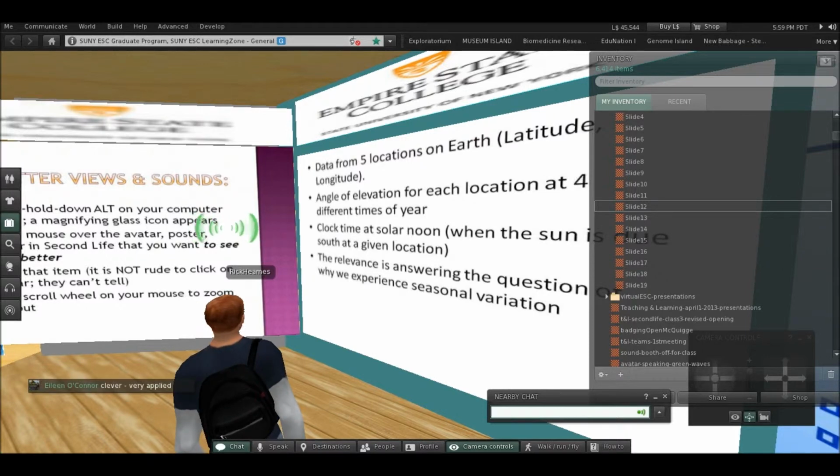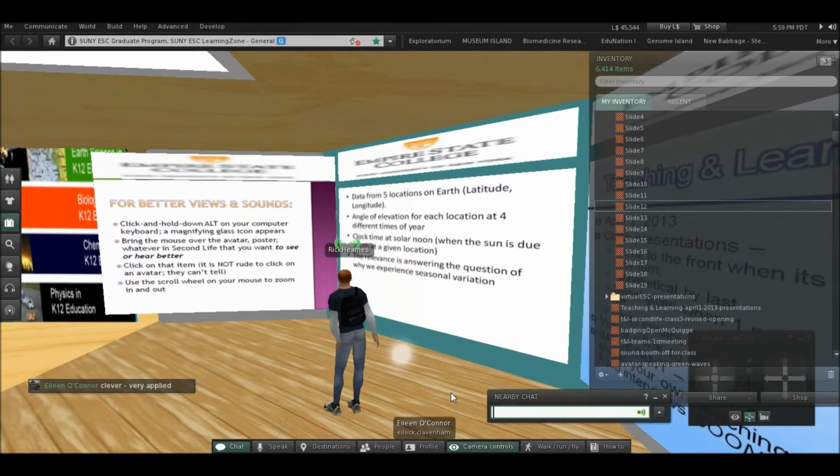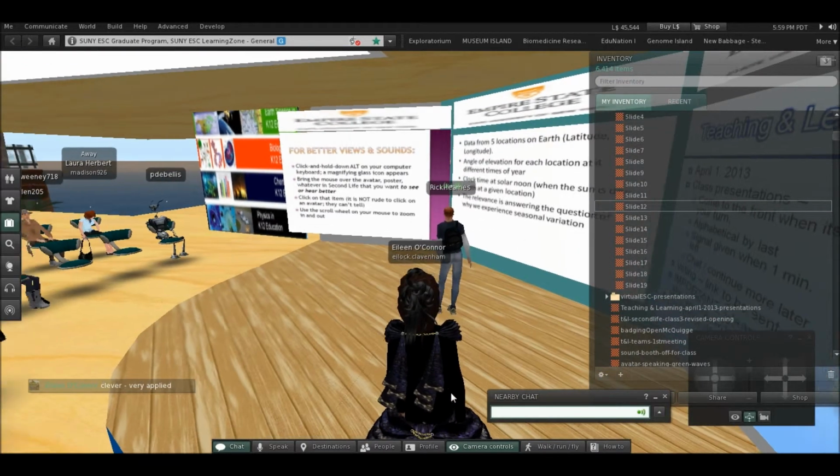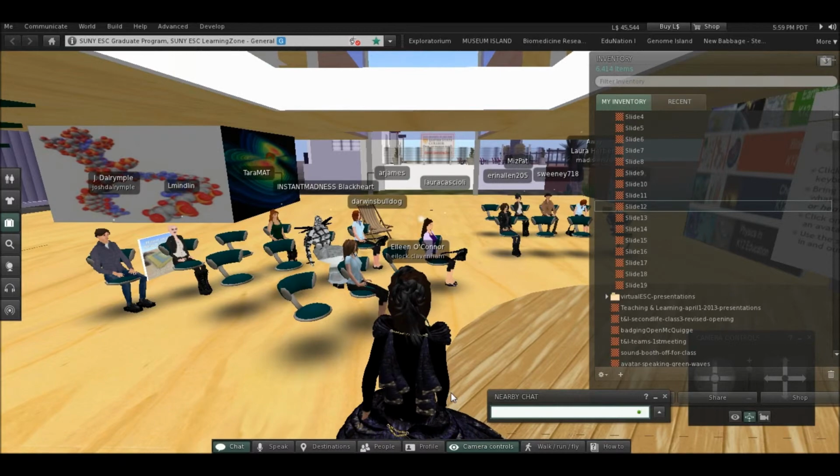So these windows are going to face the sun, and the angle of the roof is going to help out as far as heating and cooling the house at different times of year. So the real goal here is to get them thinking about real world applications as far as the data they're pulling from this website, and thinking about seasonal variation and the causes of those for different locations on Earth.